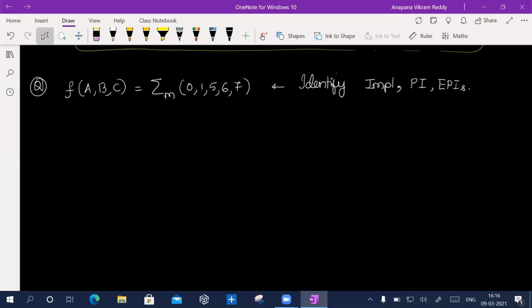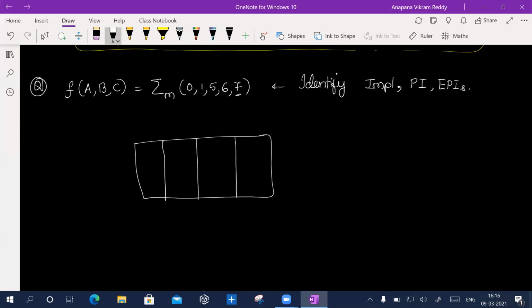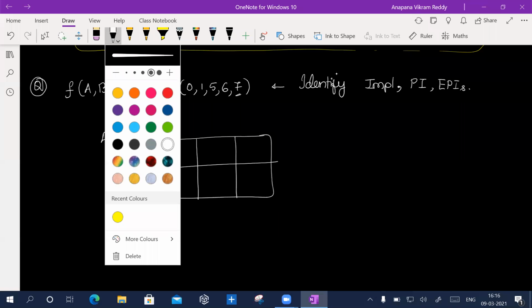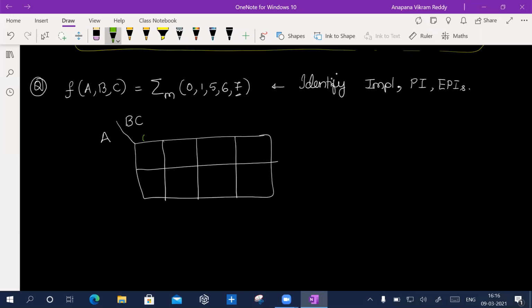The maximum digit of course is 7. You have 3 variables, so you have 2 to the power of 3, that is an 8-cell K-map. I'll take MSB as capital A and LSB as C. Columns 00, 01, 11, 10.